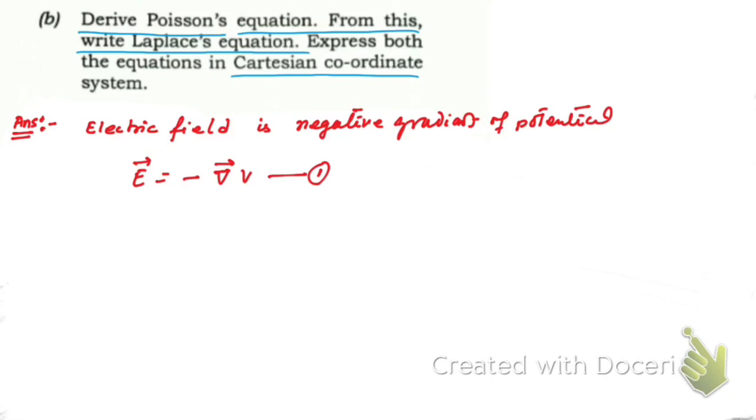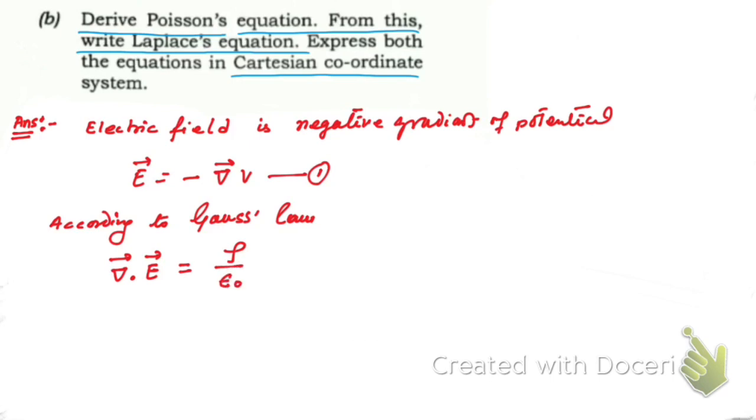According to Gauss law, divergence of electric field is rho by epsilon naught.